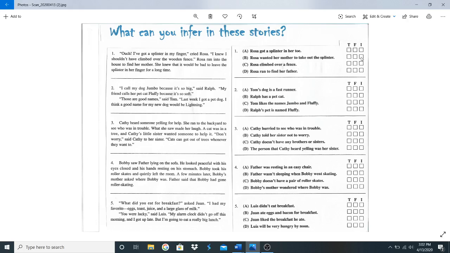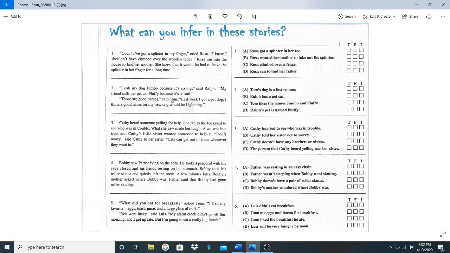We put I for inference. C. Rosa climbed over a fence. Well, it told us that in the story, so that one would be true. She did. D. Rosa ran to find her father. It never mentioned father in the story. She ran to find her mother, so that one would be false. So you would put a little X or check mark there.